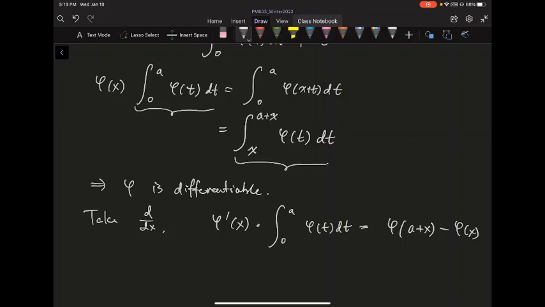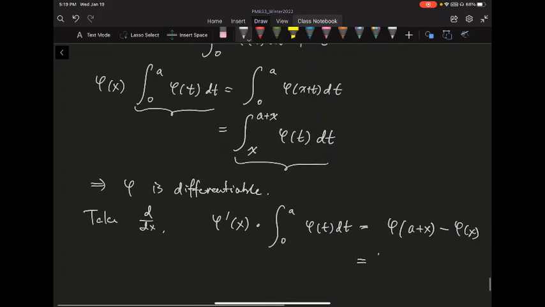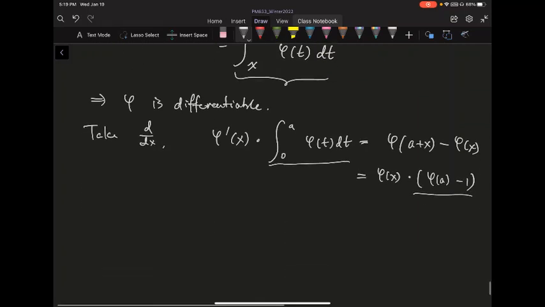Now because phi is a character, phi of a plus x is just phi a times phi x, so you can pull out the phi x and multiply by phi a minus 1. The point here is that phi a minus 1 is a constant, and the integral is a constant, and in particular this integral is non-zero.